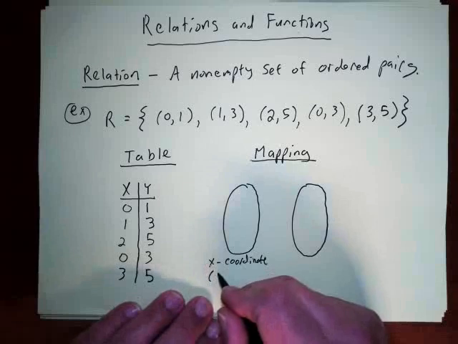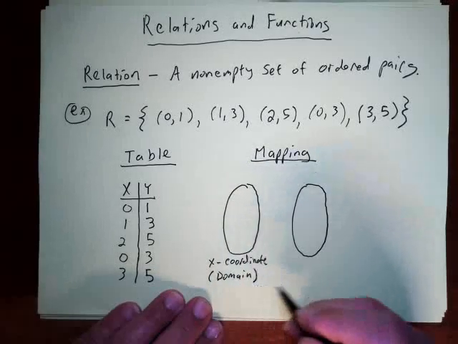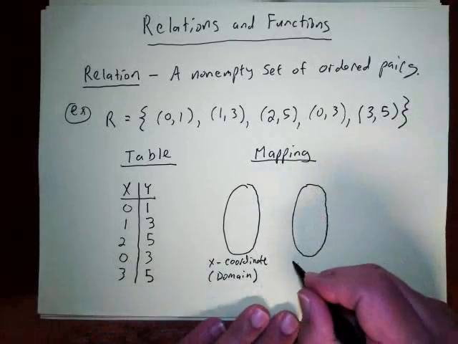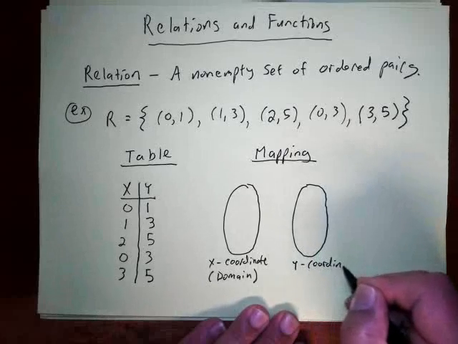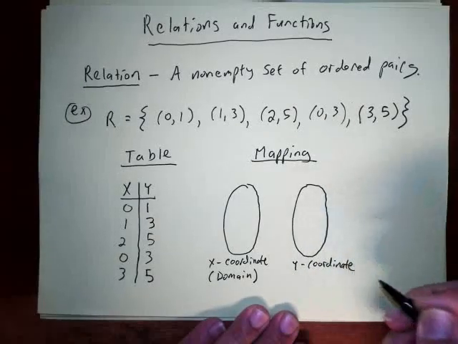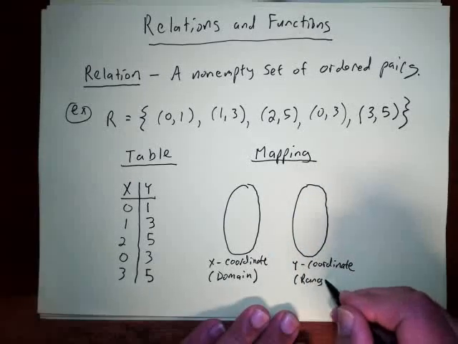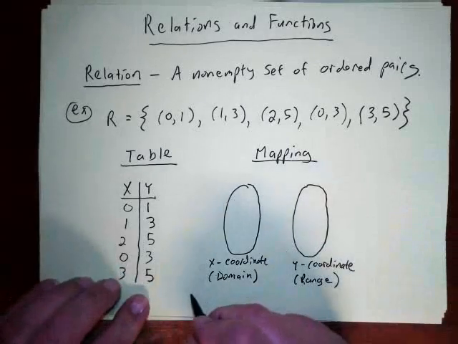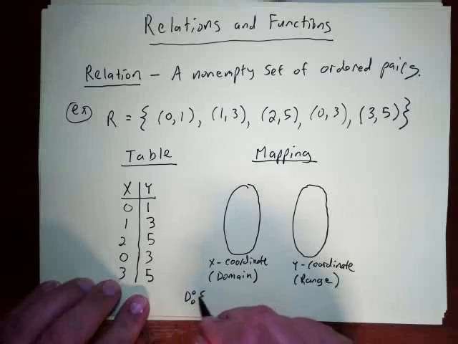And we call that set the domain of the relation. Okay? And this set is going to represent the y coordinate. And this is known as the range of the relation.